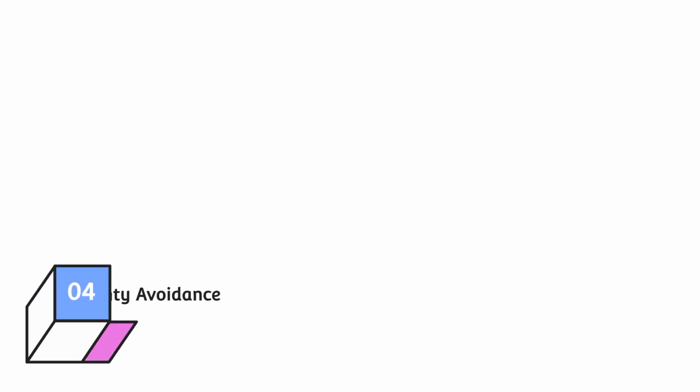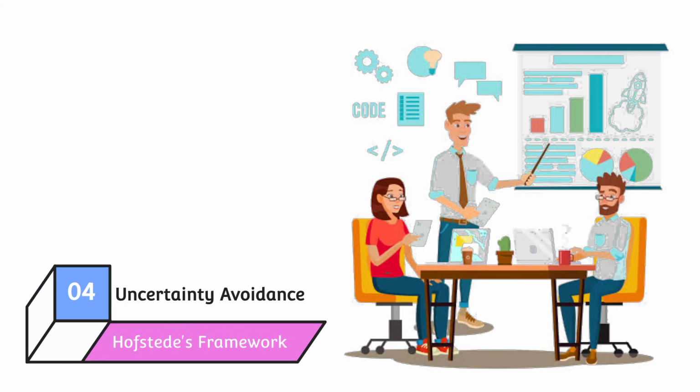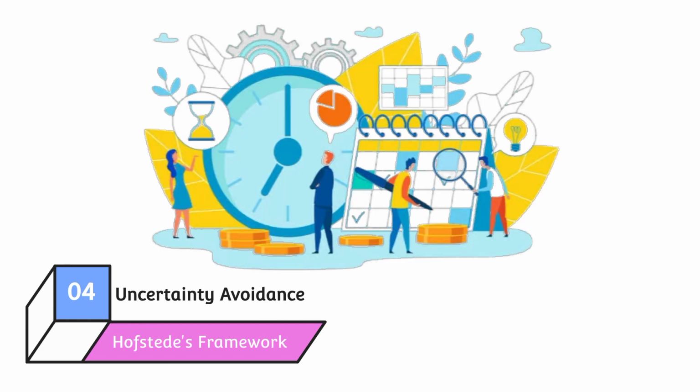Uncertainty avoidance. The degree to which people in a country prefer structured over unstructured situations defines their uncertainty avoidance. In cultures that score high on uncertainty avoidance, people have an increased level of anxiety about uncertainty and ambiguity, and use laws and control to reduce uncertainty.